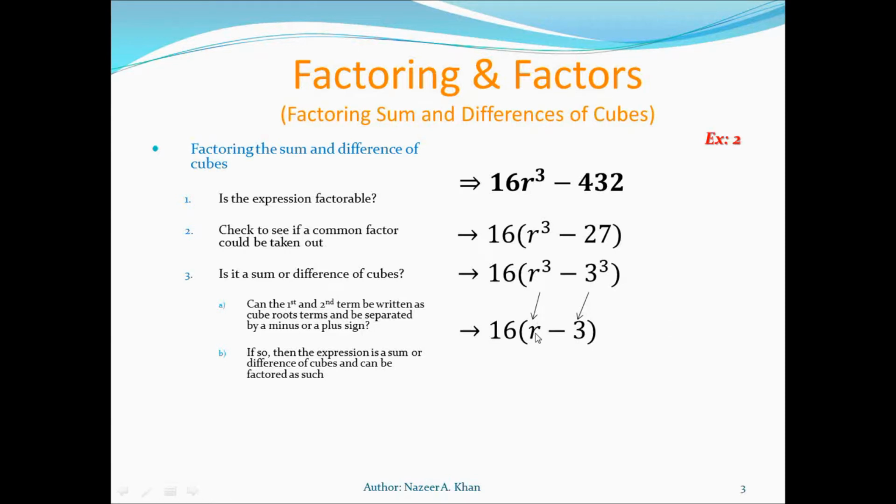I'm going to work from this binomial to get my trinomial now. I'm going to square the first term and place it in the first position of the trinomial. The product of the inside, which will give you minus 3r, becomes plus 3r for the middle term of the trinomial. And then you square the last term, which includes the minus. It becomes plus when you square it, plus 3 squared.